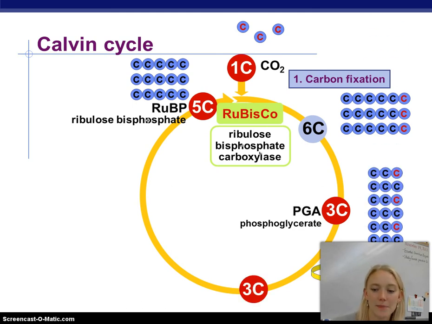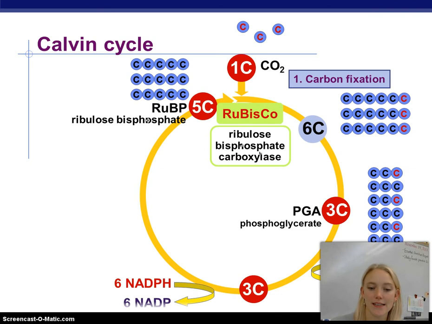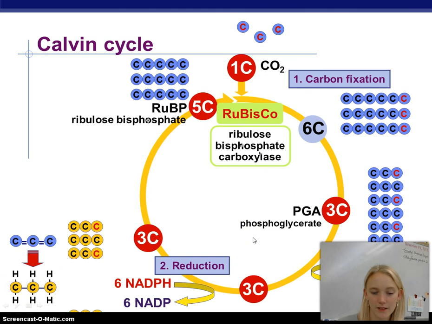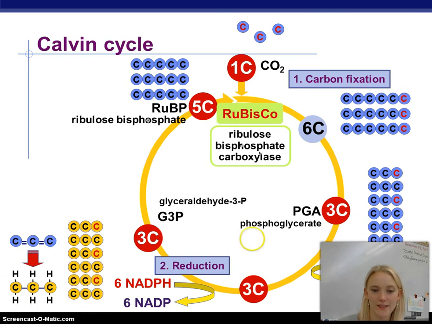And then using ATP, they rearrange themselves slightly. And then using NADPH, they go from having bonds like this, double bonds, to being saturated with hydrogen. So the hydrogens that came off of NADPH are going to attach to our carbon molecules here. So we have 6 of them. Okay, and this is called glyceraldehyde 3P, or G3P.